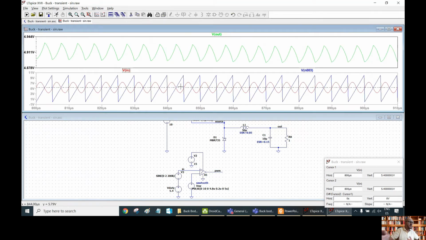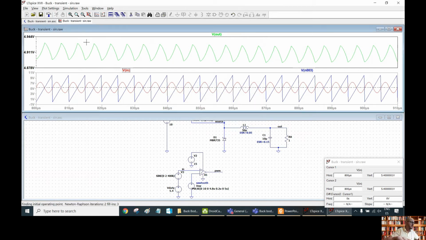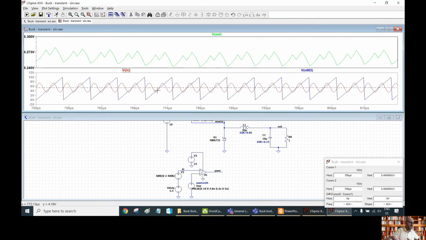Okay, then it does not make much sense to inject a modulating signal at a frequency similar to the switching frequency or even beyond it. If we go beyond the switching frequency, say for example 400 kilohertz, then we can see that there are going to be different switching.